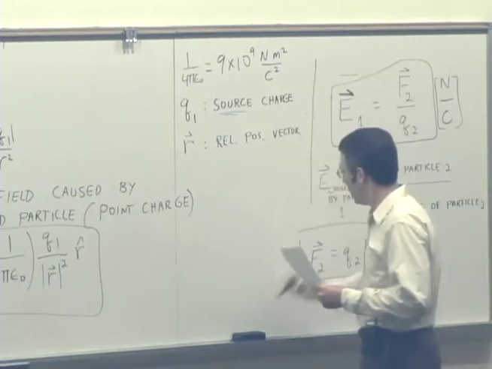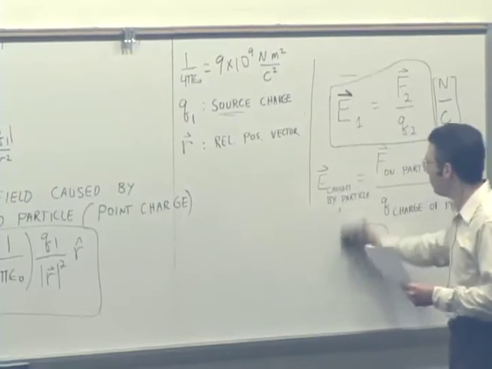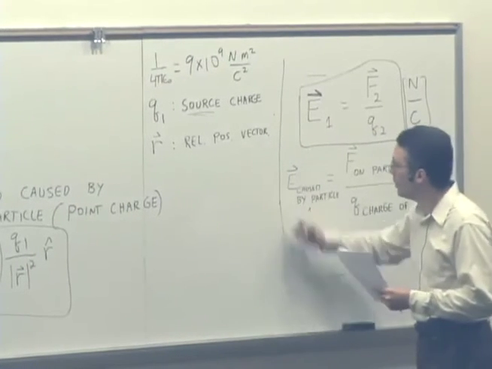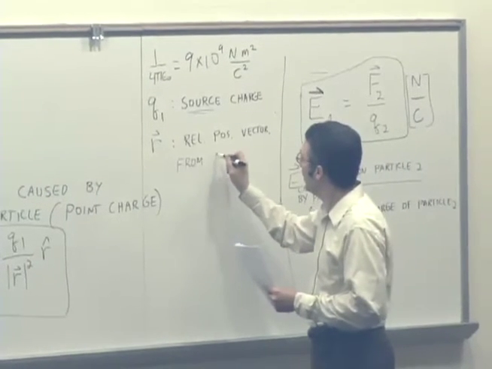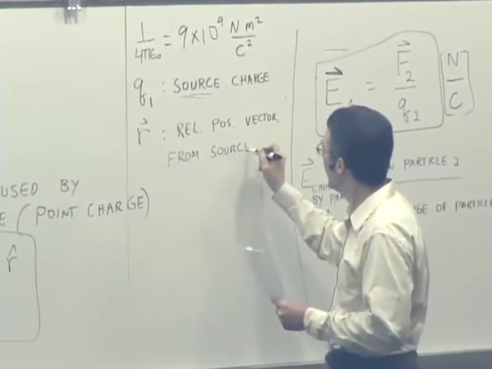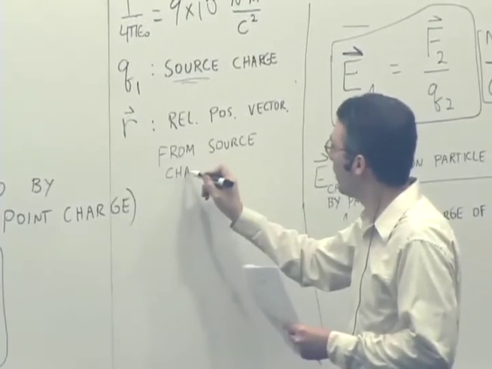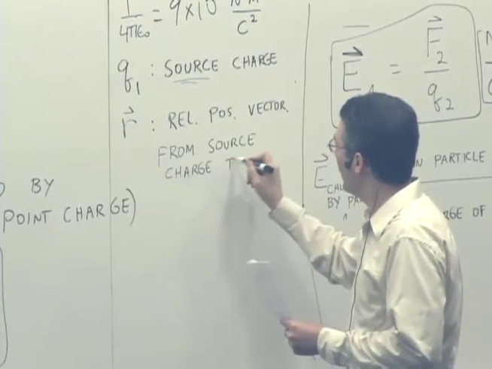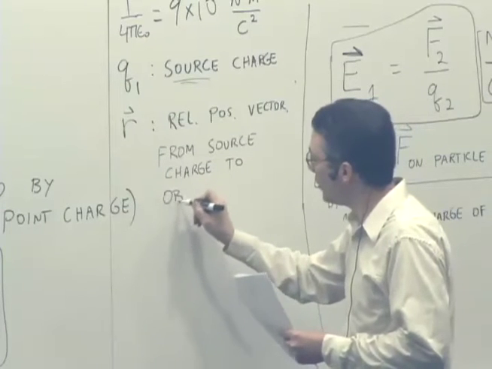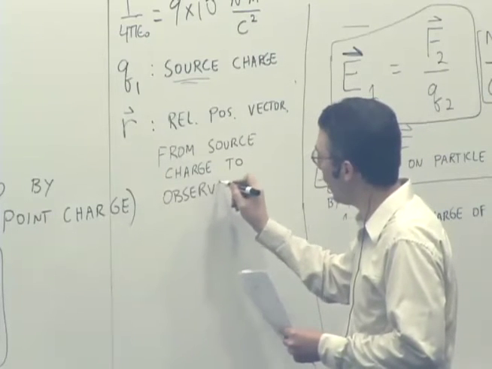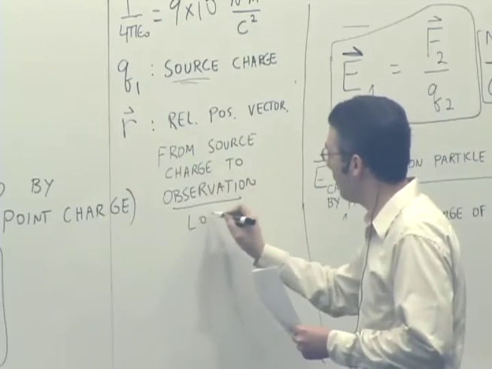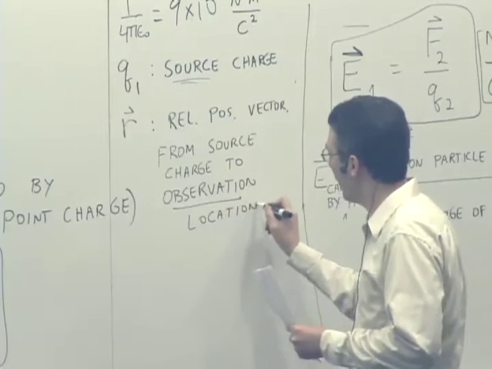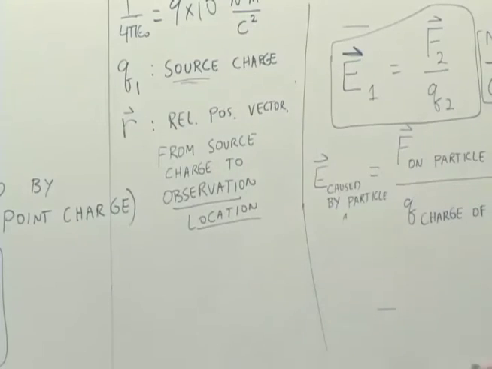R points from the source charge to what we're going to call the observation location, meaning where are we measuring this electric field? The point in space where we want to find the electric field.